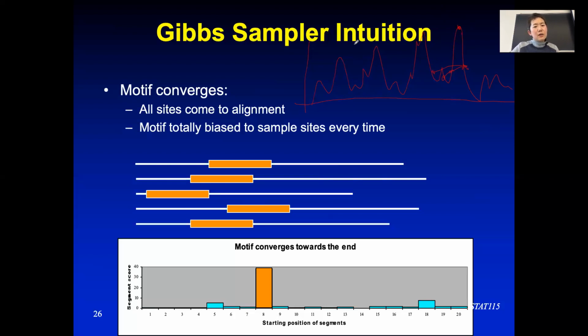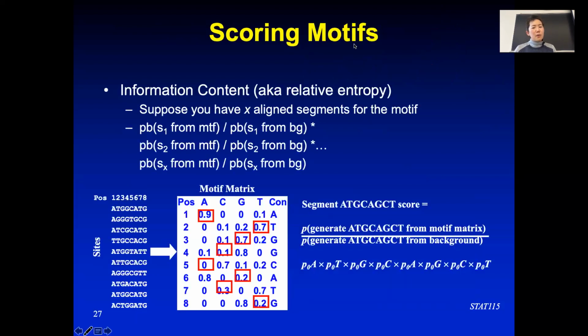So we mentioned motifs. How do we know whether the motif is good or not? You try to use the information content. Looking at this matrix and using all these hits, you ask: the probability of this sequence coming from my motif, divided by the probability of this sequence coming from the background.